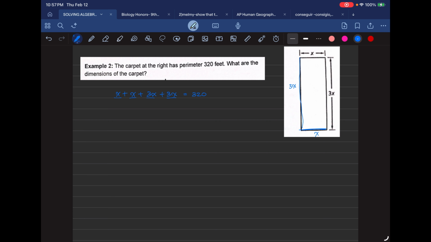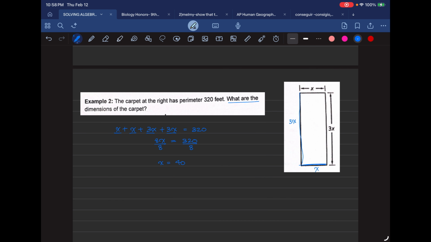Now, these four are all like terms. So if we add them all together, it's going to equal 8x equals 320. And so when we divide by 8 on both sides, x is going to equal 40.